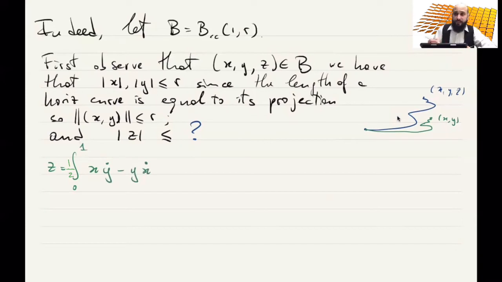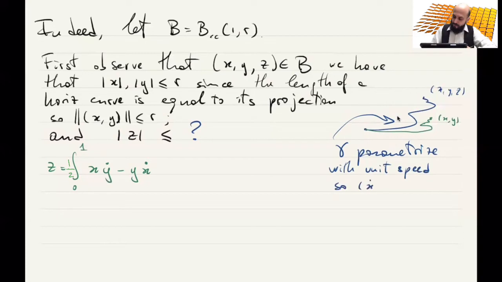We can parameterize the curve, so let's do it like this. This is the curve gamma, parameterized with unit speed.